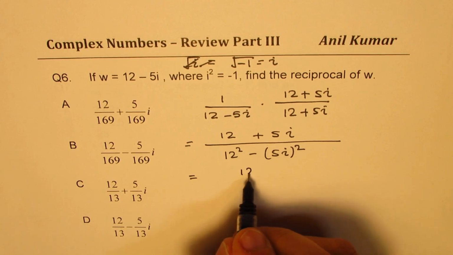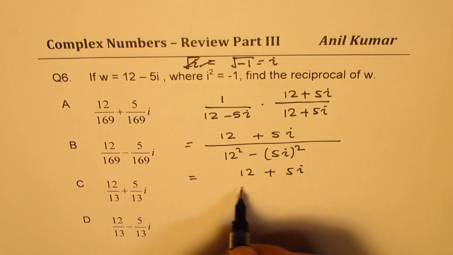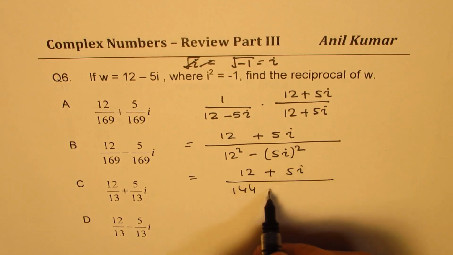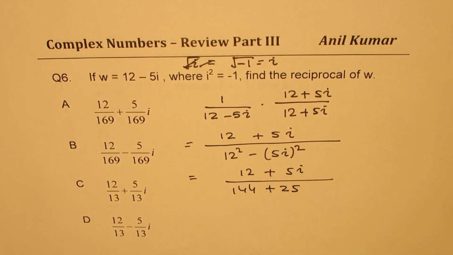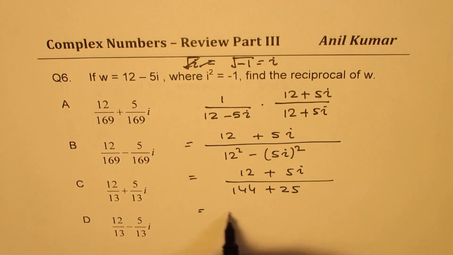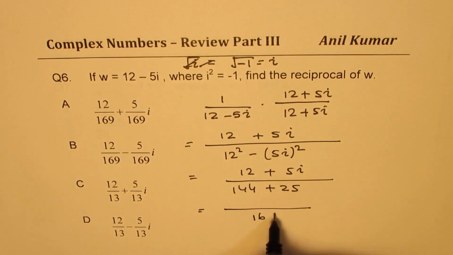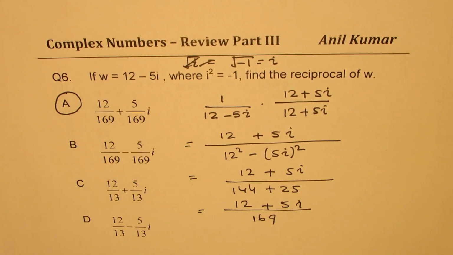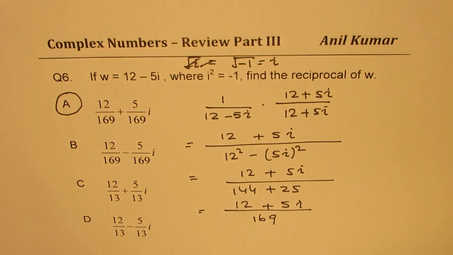So we get 12 plus 5i, and in the denominator is 144, and i square is negative, right? So we get plus 25. So the denominator is 169, and the numerator is 12 plus 5i. So the answer is A for us, correct? So that is how we could solve it very easily.